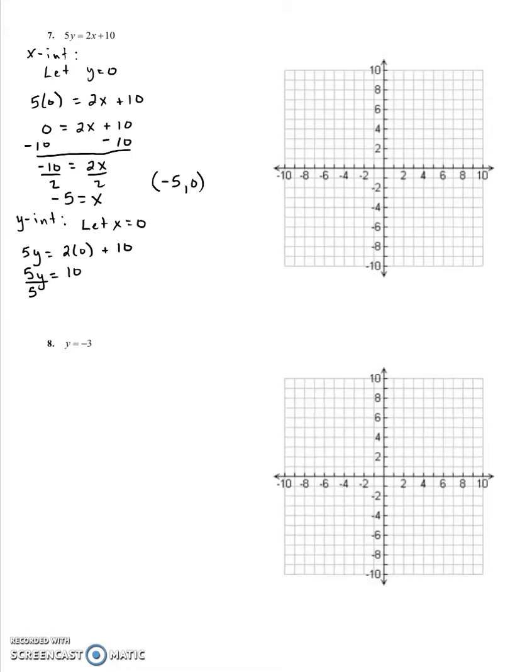Divide both sides by 5, and we get y equals 2. So our y-intercept is the point (0, 2). So plot those 2 points: we have (negative 5, 0), and we have (0, 2). And now we just connect the dots.